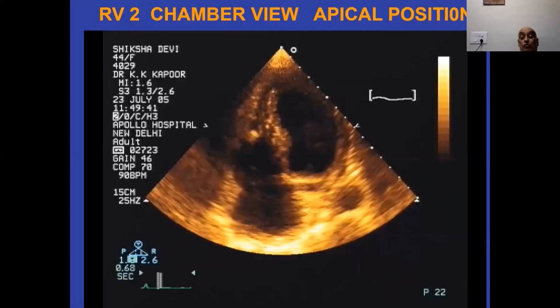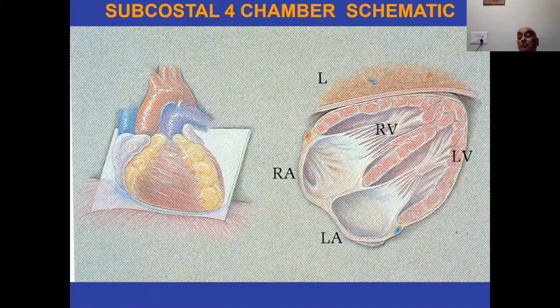Now the subcostal view is a coronal view, but actually it is cut from side to side rather than from apex to base. So it's cut through the diaphragm from the right ventricle wall to the IVS and then to the left ventricle. The four-chamber view from the subcostal position is obtained by placing the transducer in the epigastrium.